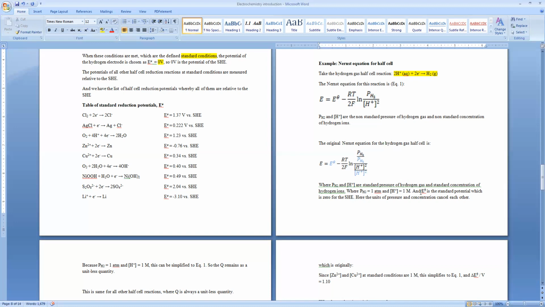So E standard is the standard potential, which is 0 for the hydrogen half cell. Here the units of pressure and concentration cancel each other.